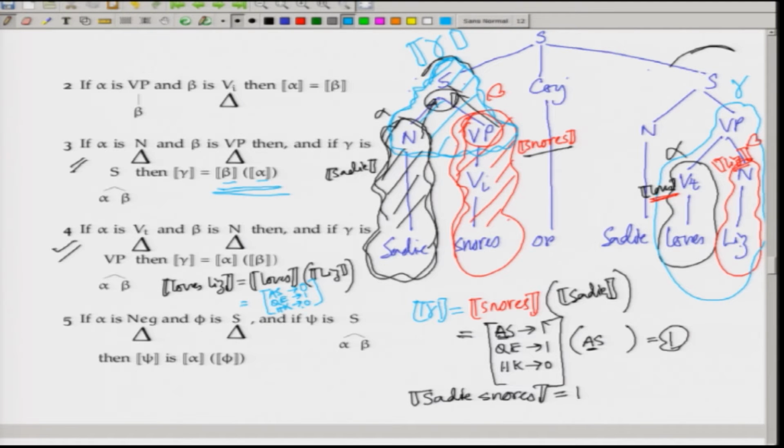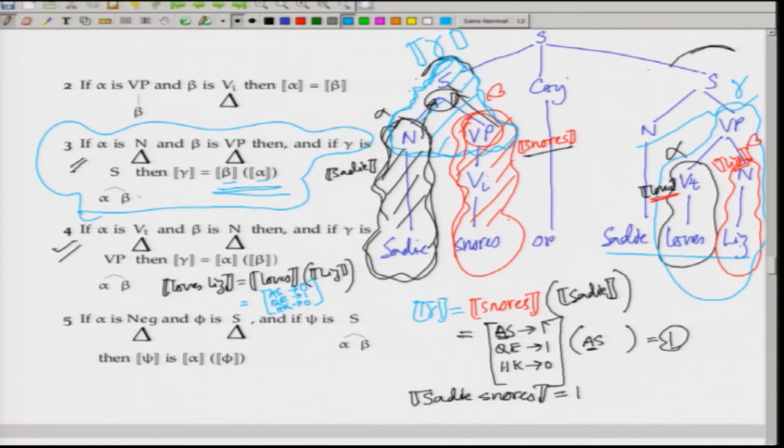So, it is not a truth value, it is another function. It is because loves Liz is not a sentence, it is just a part of the sentence we are considering. We are considering the sentence Sadie loves Liz, right. And then we are at the level of s goes to n and vp. Rule number 3 will once again cover this case.